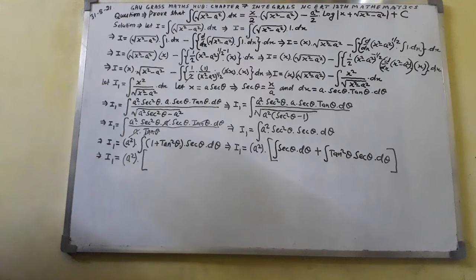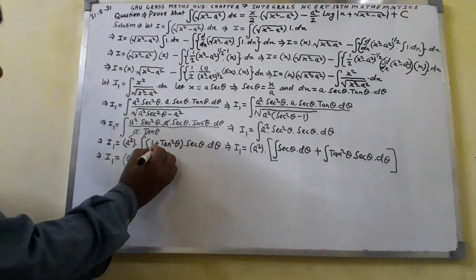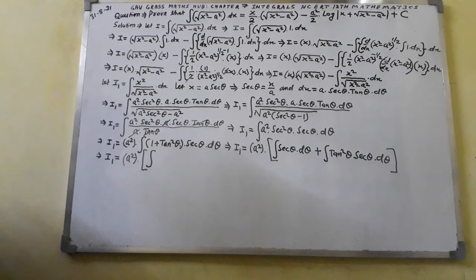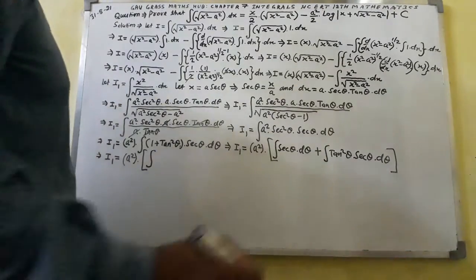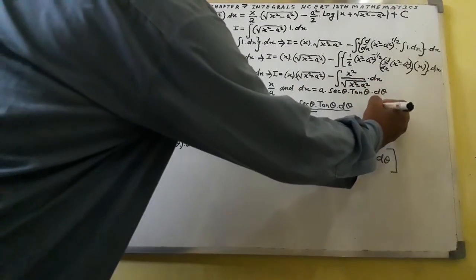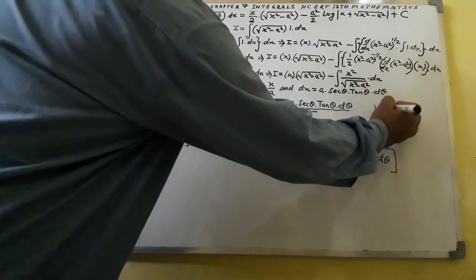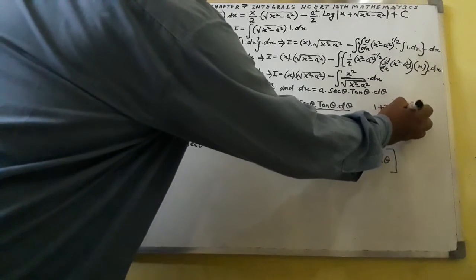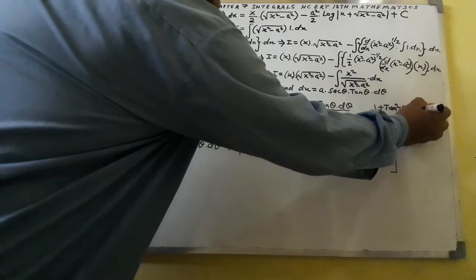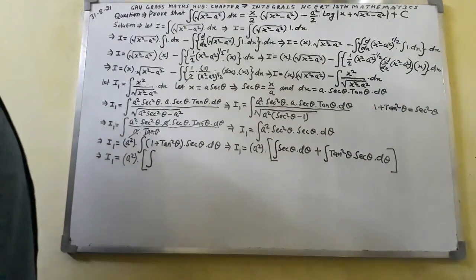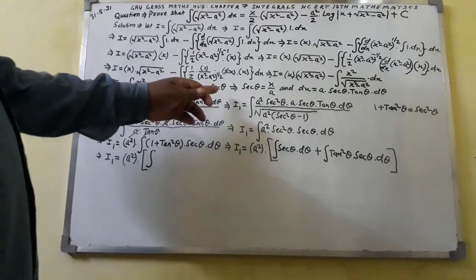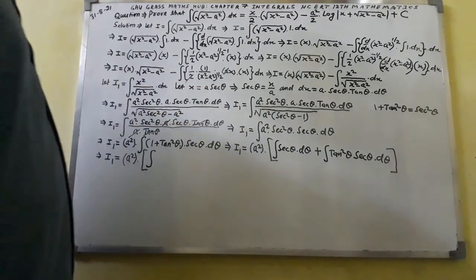So here you will get integral tan square theta. Just I shall write here 1 plus tan square theta equal to sec square theta. So here you have got sec theta equal to x over a.